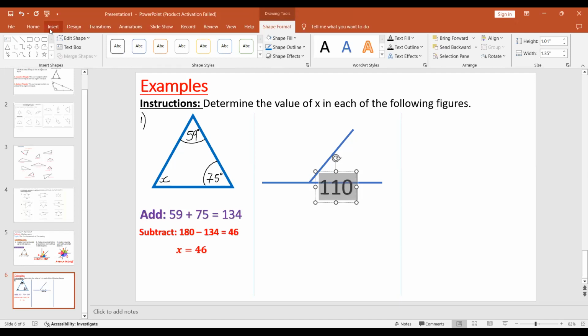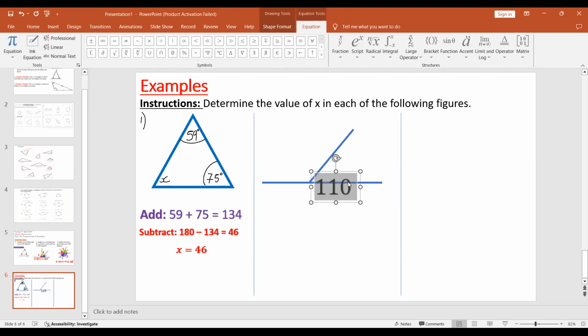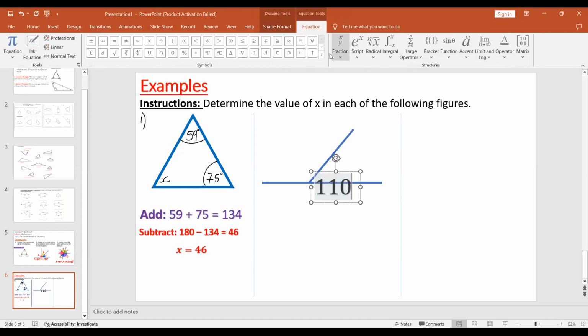So what do we know? We know that this angle right here is 110.